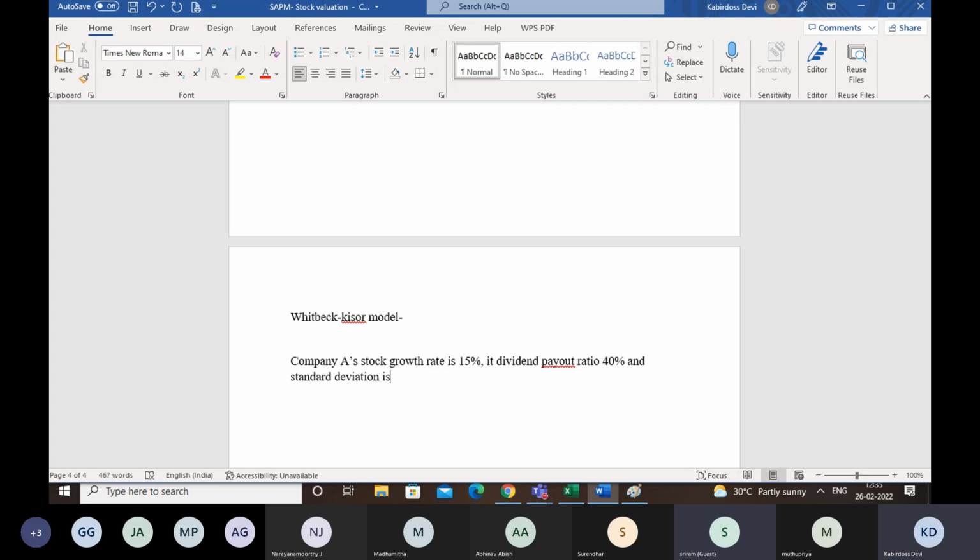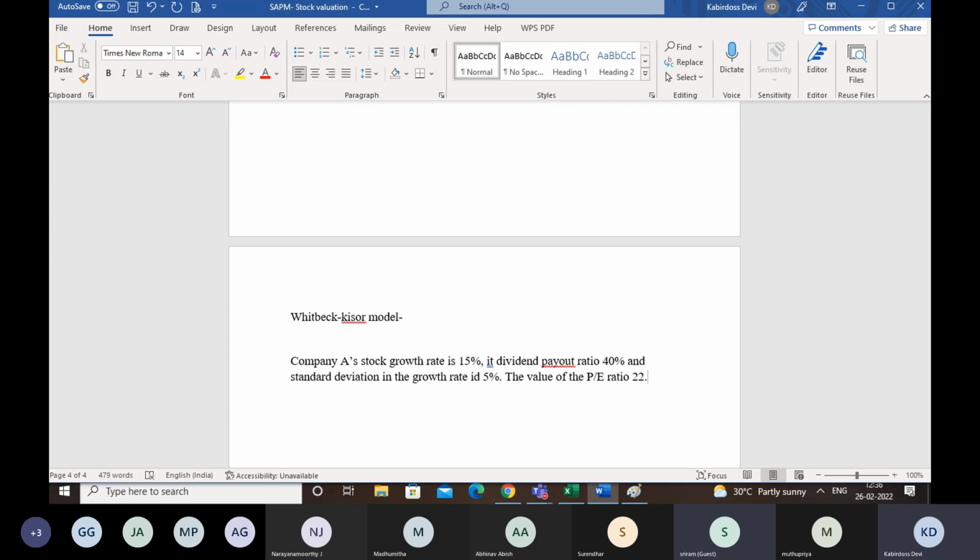And its standard deviation of the growth rate is 5%. The value of the PE ratio, if it is given in the sum, is called theoretical PE. Sorry, this is actual, right?